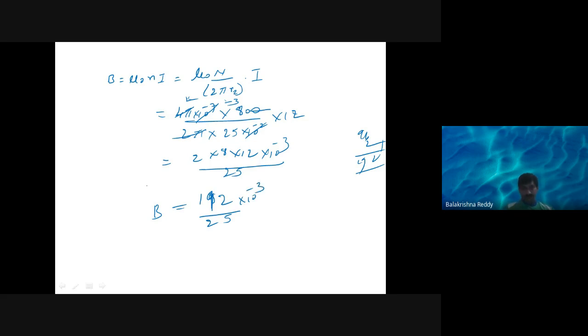Now 192 by 25, how can you divide it, with the 25, how will it go?